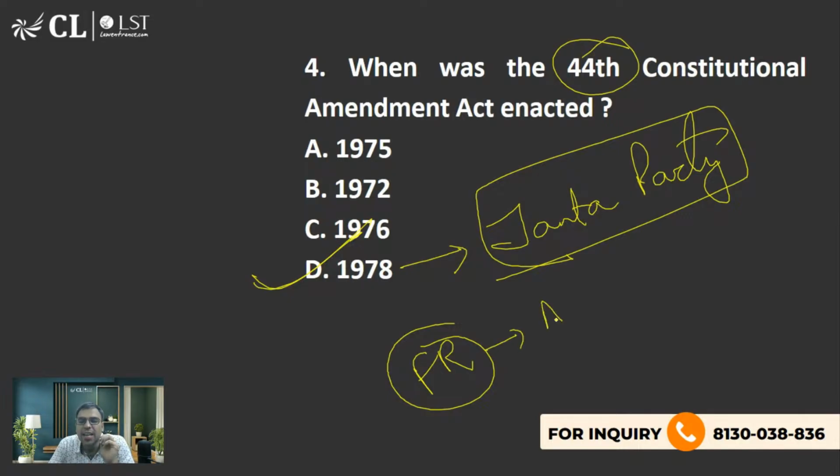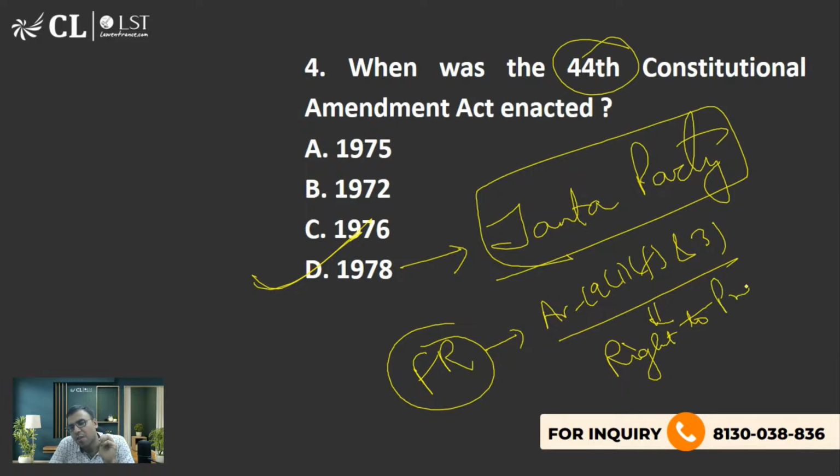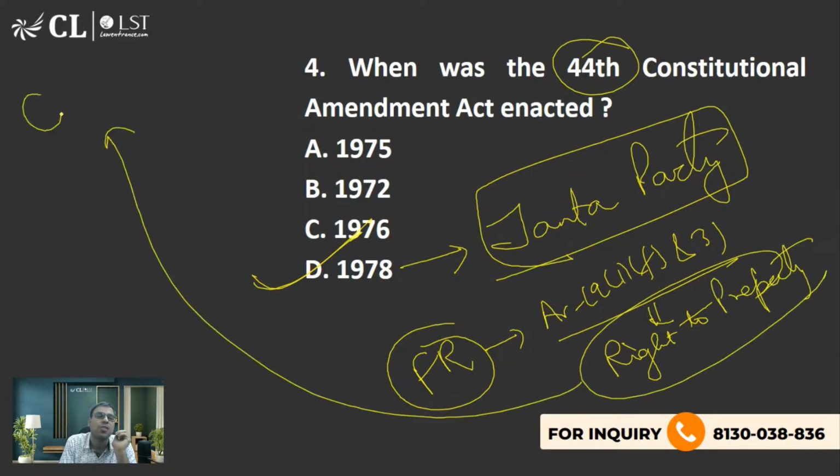Basically, in Article 19(1)(f) or 31, right to property was mentioned. That was removed from fundamental rights, and today it is a constitutional right under Article 300A.